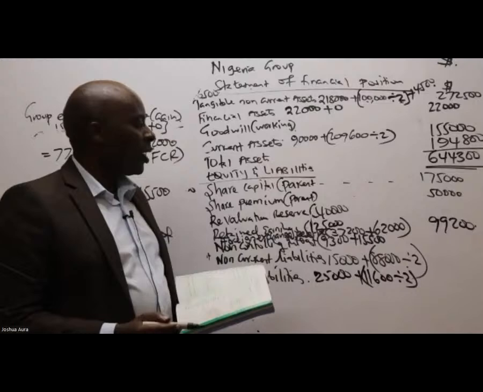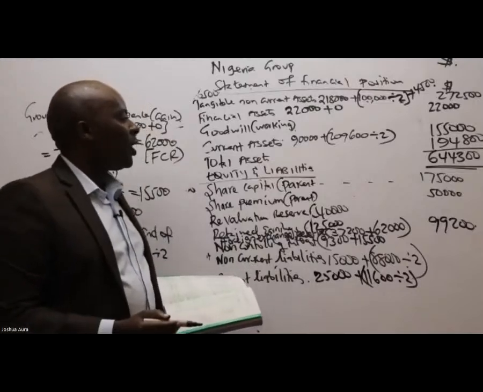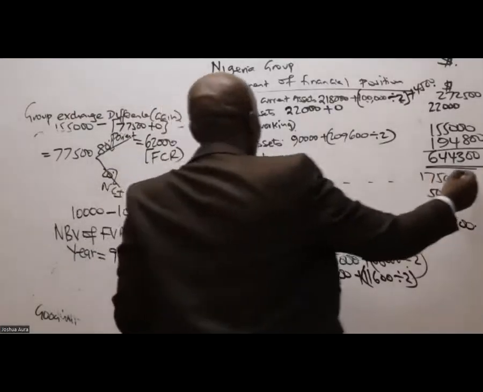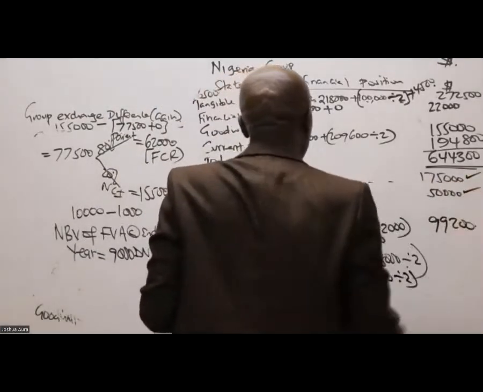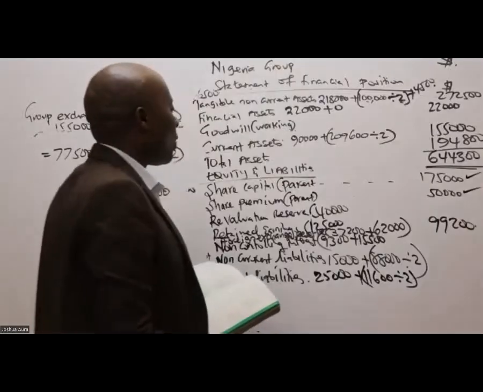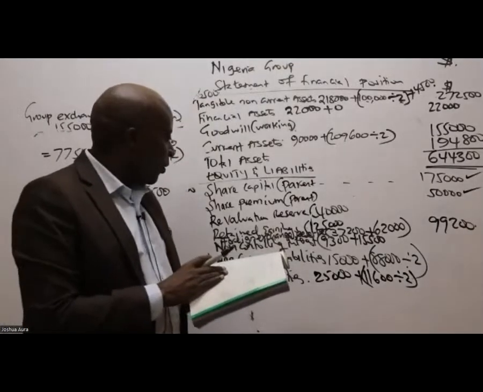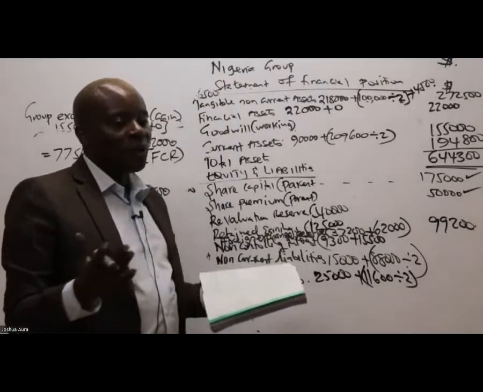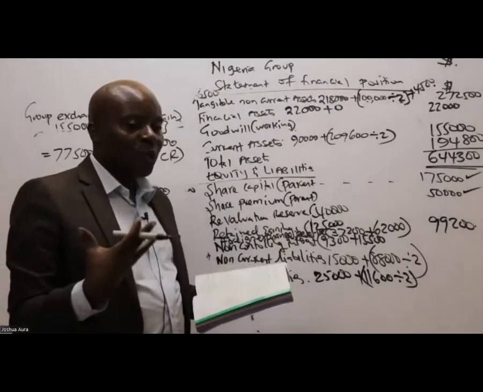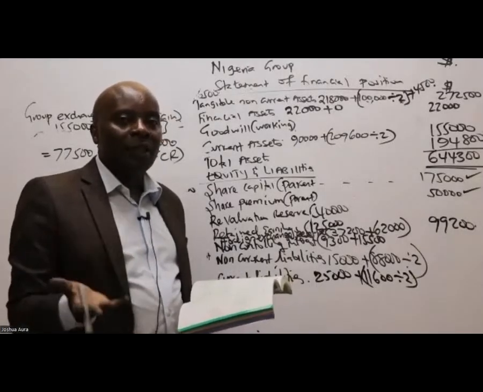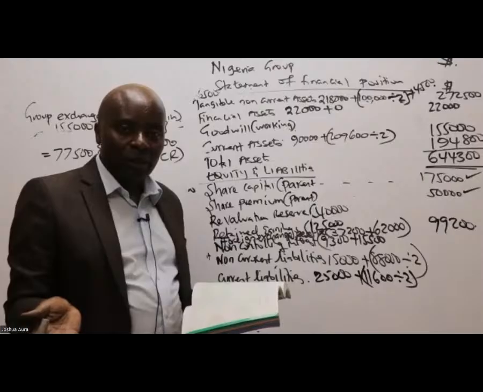Now from there, share capital is exactly right. Share premium is also exactly right. Now there is this revaluation reserve. Under the revaluation reserve, if you look carefully, there was no disturbance. Assets of the parent were not revalued at all.